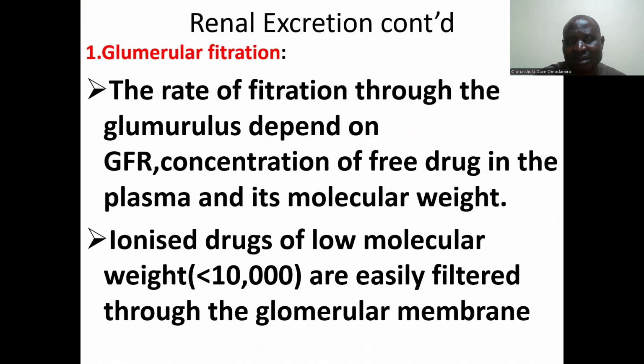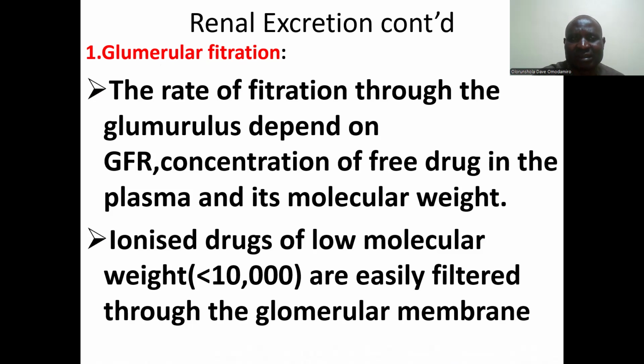The total renal excretion is actually equal to glomerular filtration plus active tubular secretion minus passive reabsorption. By the time we take the different processes, we'll see why it is like that.